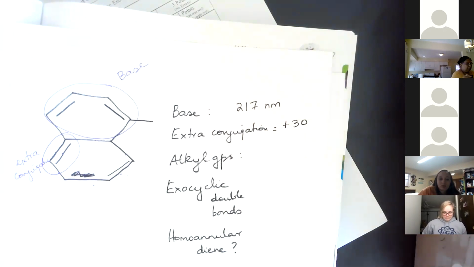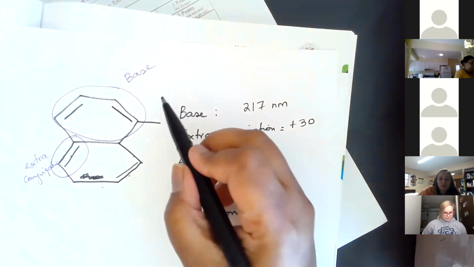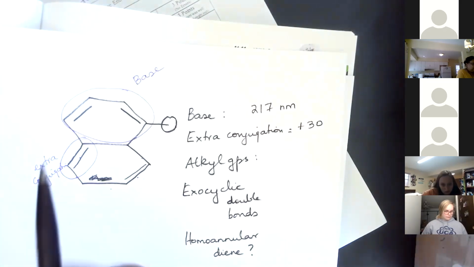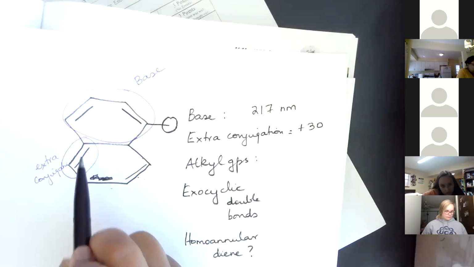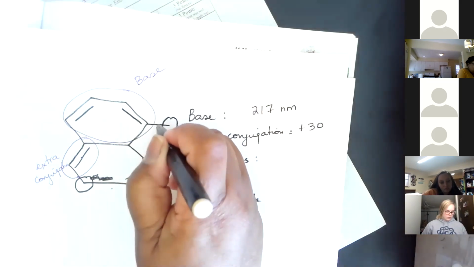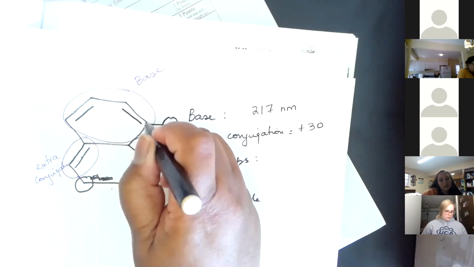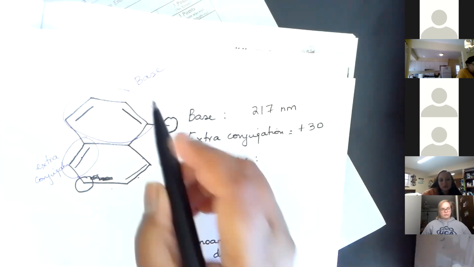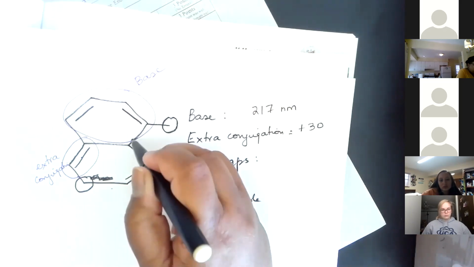Counted 3. So this is 1. There's none here. There's 1 here. And there's 1. Where do you have the third one? Coming from here? Yeah, that one right there.